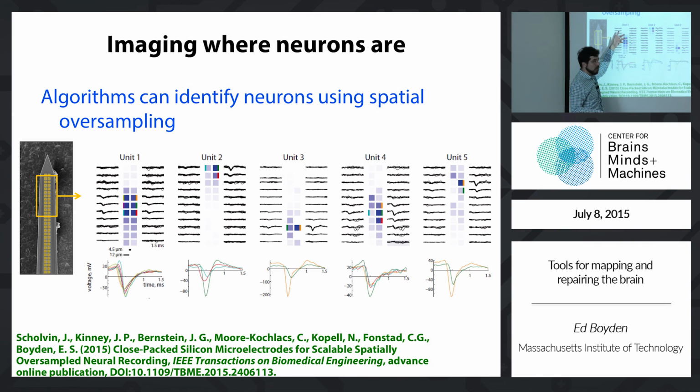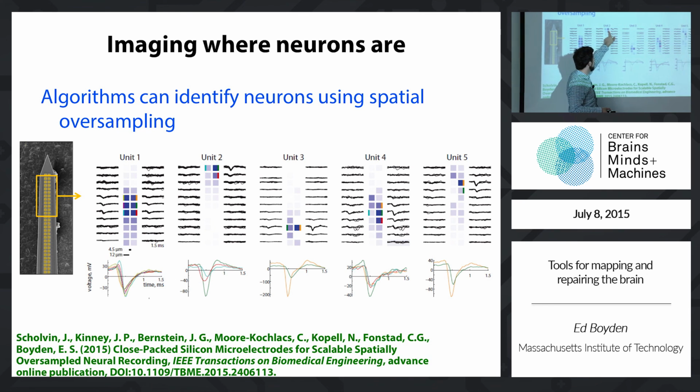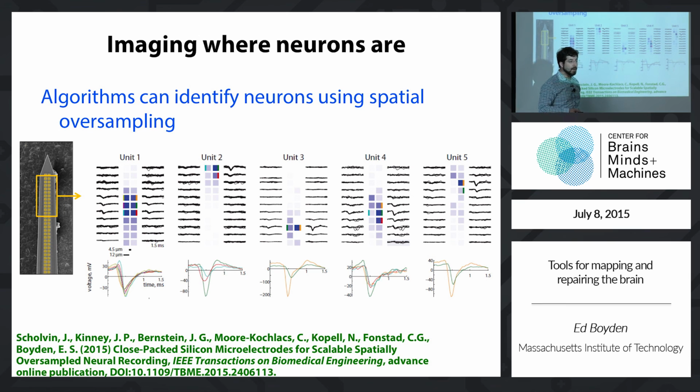So unit 1, you could call component 1. And this component has a high amount of signal on these electrode pads and these shapes on those electrode pads, and very little signal on these electrode pads. Unit 2 is the second component, and that appears on these upper pads, and so on and so forth.